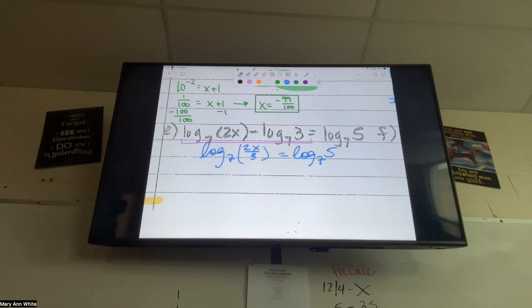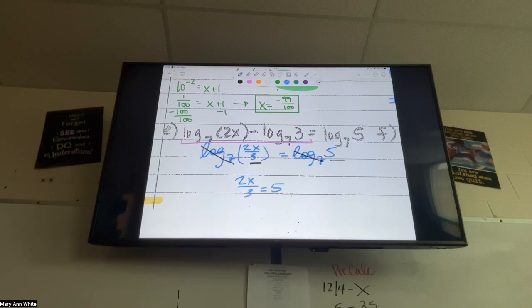Now, do you remember what happens when we have logs on each side of the equation? They cancel out. They have to be the same thing. Whatever we're doing the log of has to equal each other on both sides. So we can just get rid of the logs and say, okay, 2x over 3 is equal to 5.